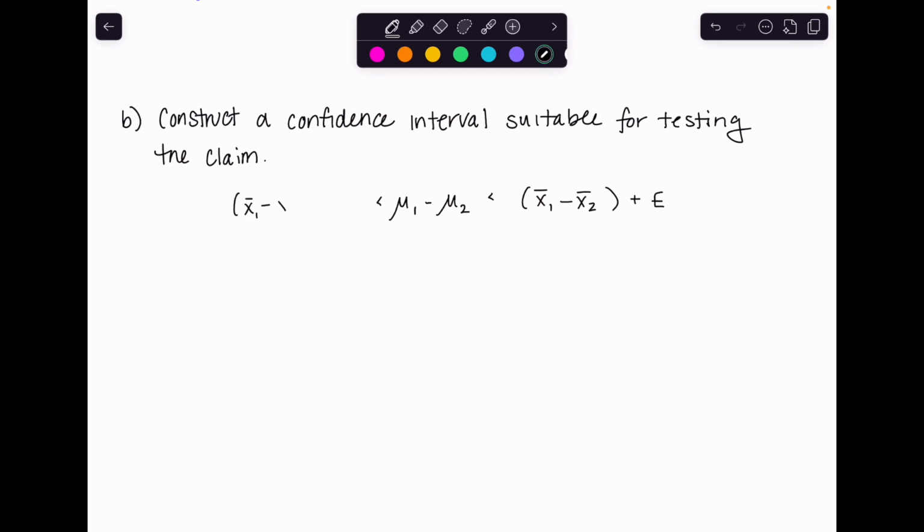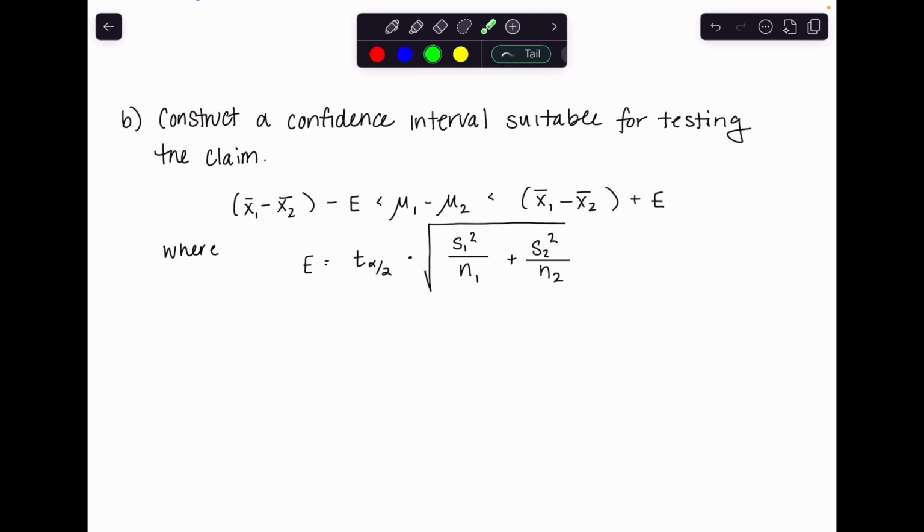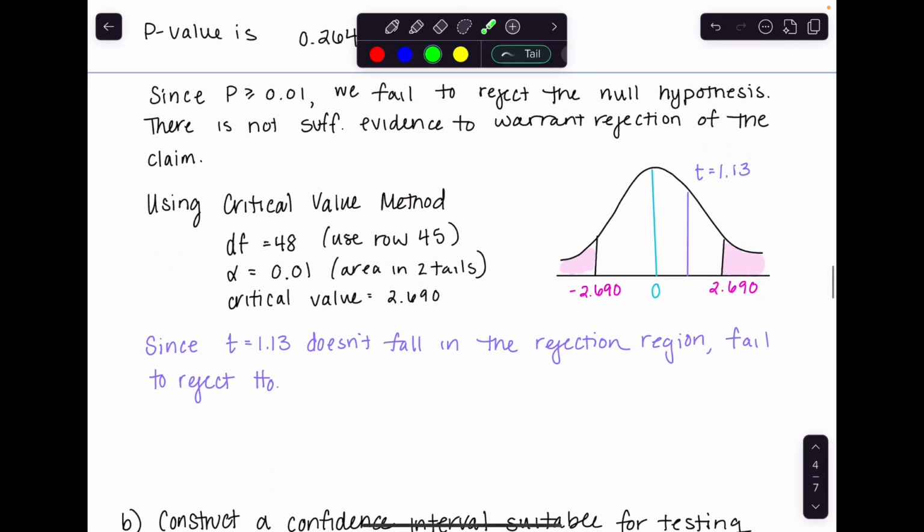same thing, minus the error. In this case, the error is going to be some critical number multiplied by the same thing that was in our denominator, the square root of S1 squared over N1 plus S2 squared over N2. This critical value is exactly the same one from up here, and you find it the same way.